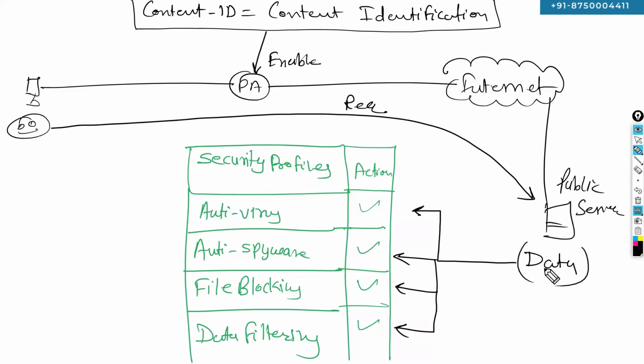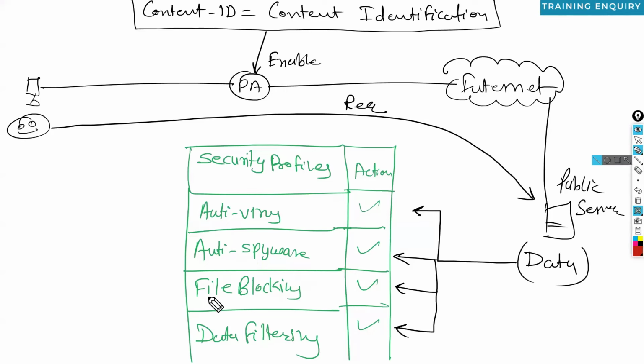If any virus is there, that will be stopped by antivirus. If any spyware is available in the data, that will be stopped by anti-spyware. If we have configured a policy like if any user is trying to download an exe file or any PDF file, that should be blocked. So in file blocking, not in spyware.